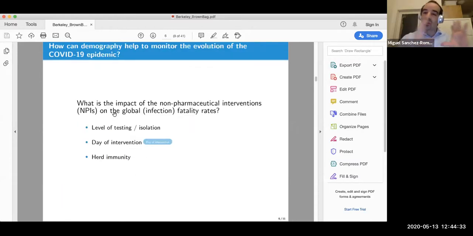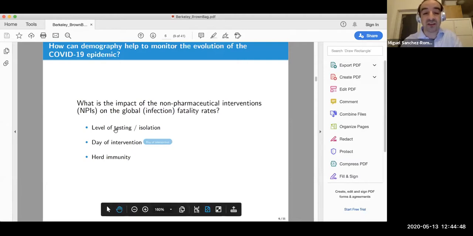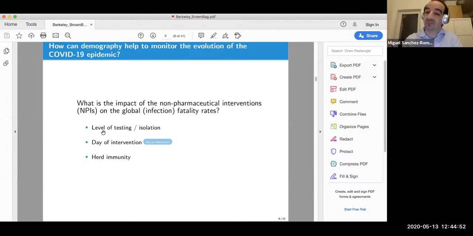Now, we have the first part, which is what will happen in the case of not intervening. And now what we are focusing on is the impact of the non-pharmaceutical intervention. What we have modeled in this work is what will happen if we have different levels of testing, and once an individual is positively tested, they will be isolated.